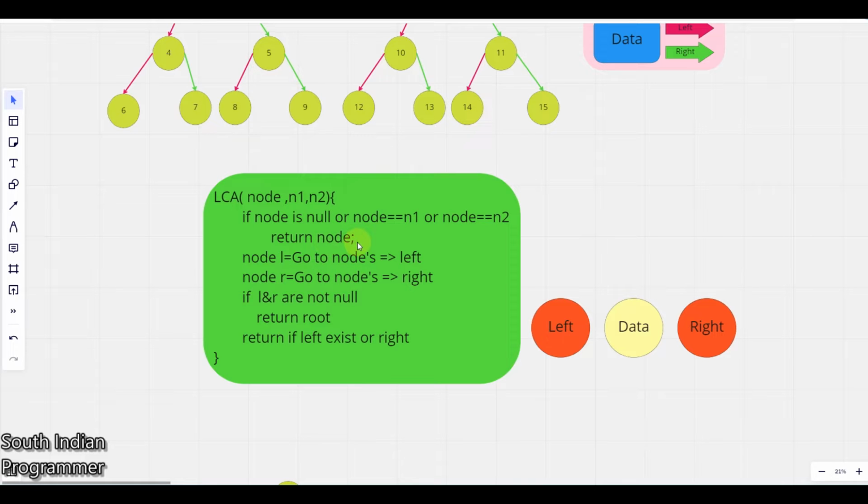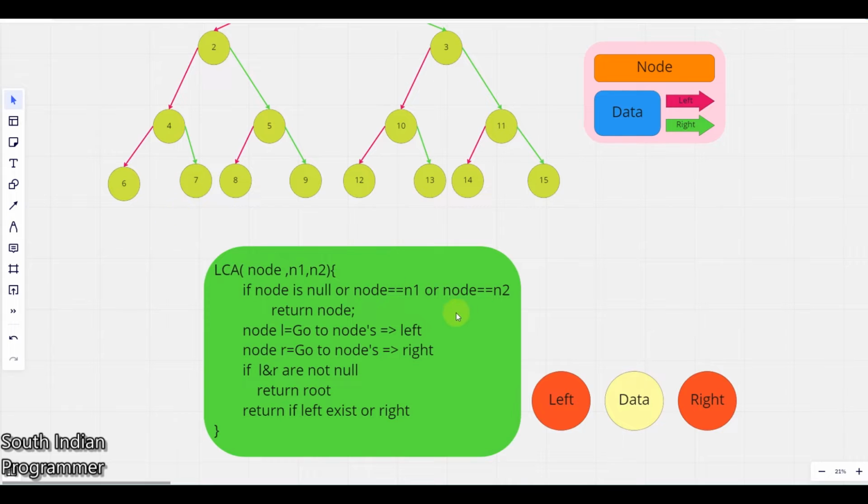Otherwise, we first find that node. If the node matches either n1 or n2, we return it, because that returned node will be reused in the lines of code below. So the first line is for whenever the node is null or matches either n1 or n2; we have to return that node.